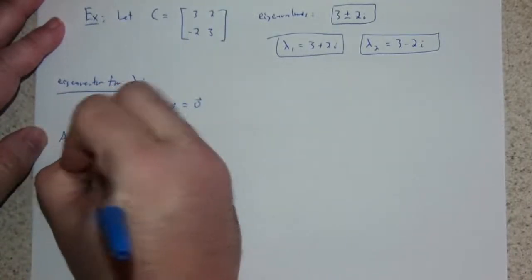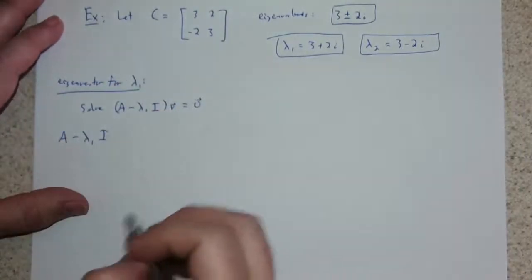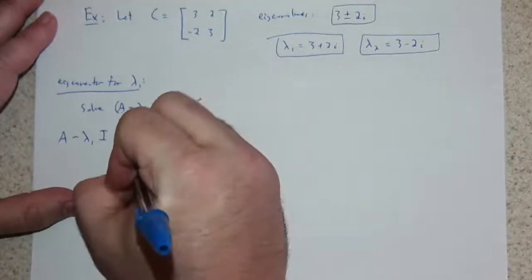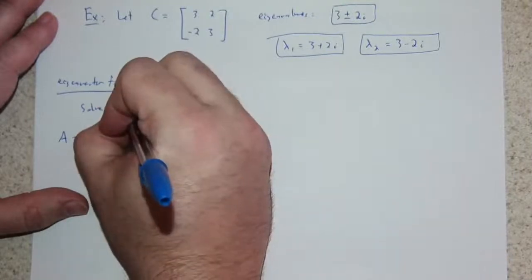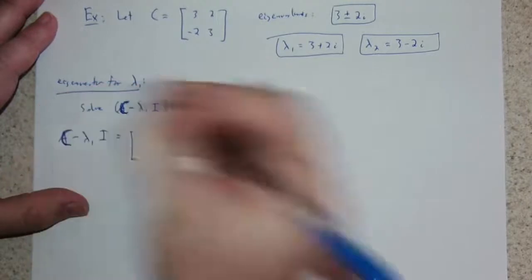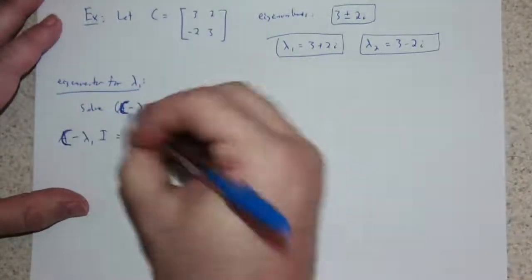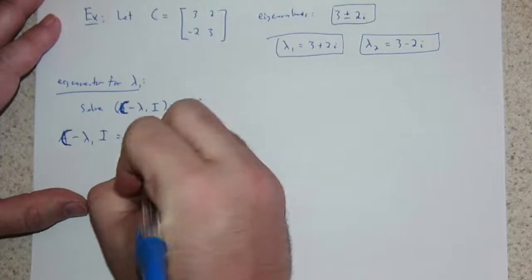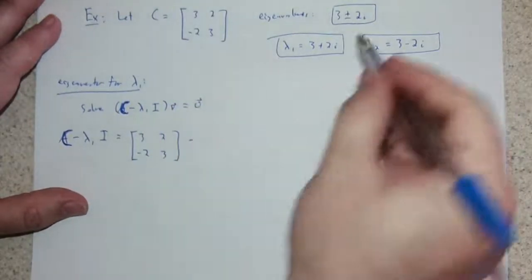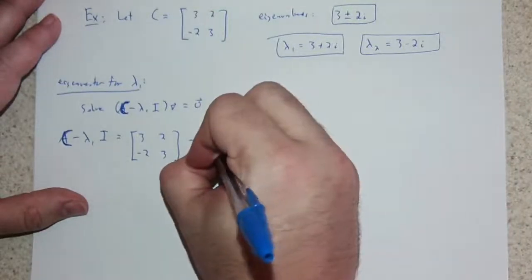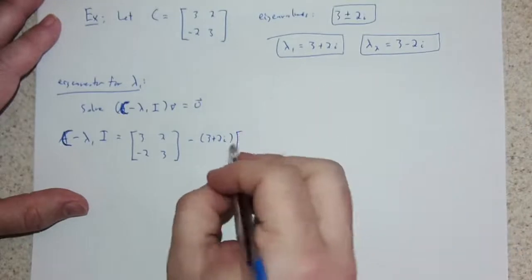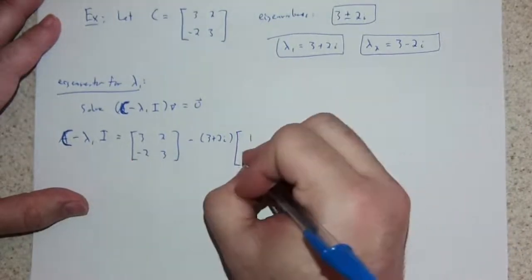What is C minus lambda 1 I? Sorry, I shouldn't say A, I should say C here. My apologies. So here's C, it's 3, 2, minus 2, 3. Minus, now is where something interesting happens. This is a complex number now times the identity matrix.